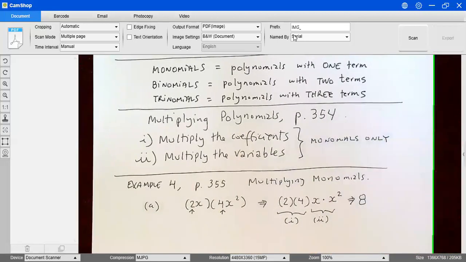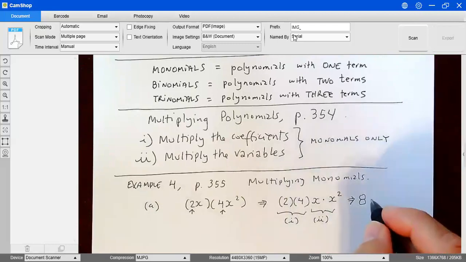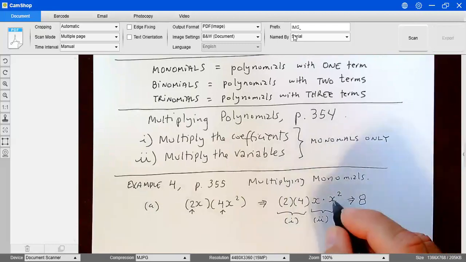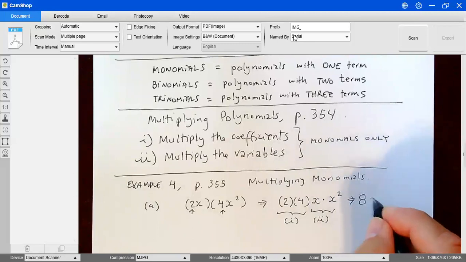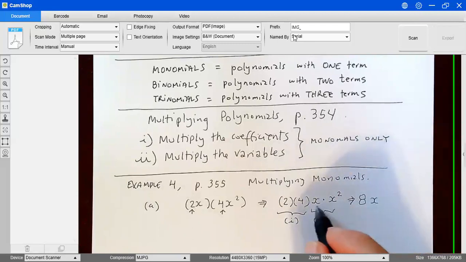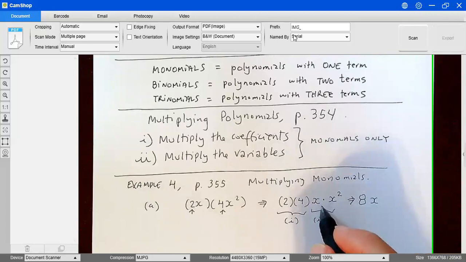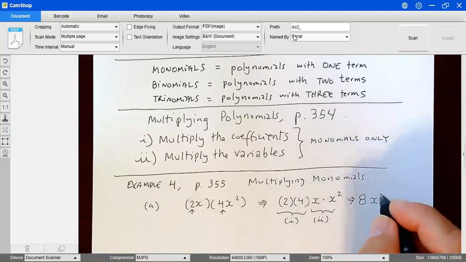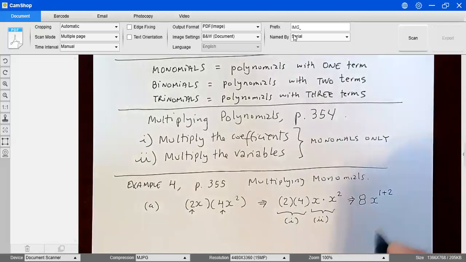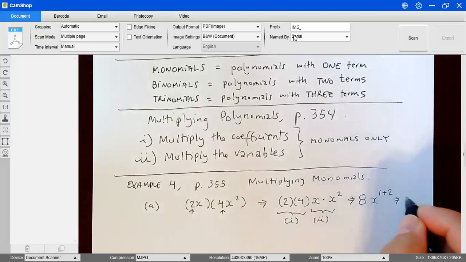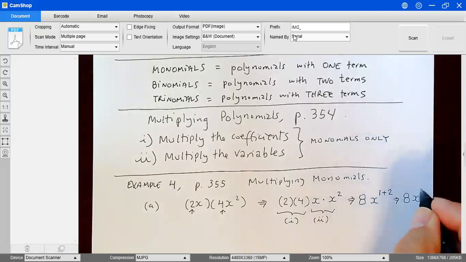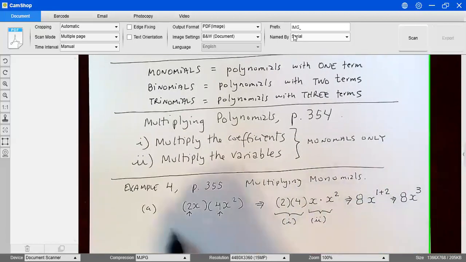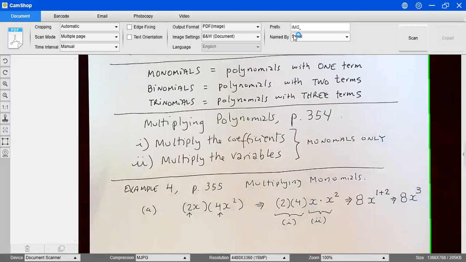But in the case of the variables, we're going to use the rule for exponents, in this case for product. So we're going to have here the product of the variable at different powers. So in this case, you're just going to add the exponents. So the final answer is going to be 8x cubed. So this is the result for the first case.